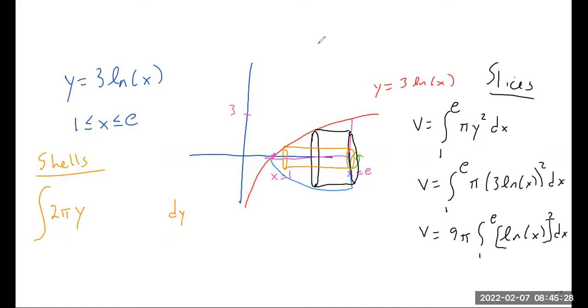So the first thing we're going to do is take this equation and solve it for x. All right, so we're going to get y divided by 3 equals natural log of x. And then to solve that for x, we need to use e. And that gives us x equals e to the y over 3.